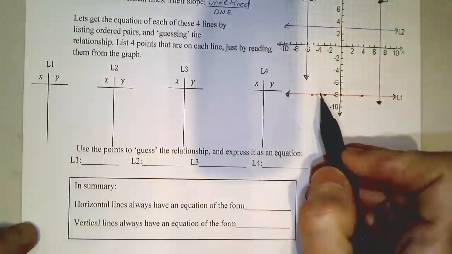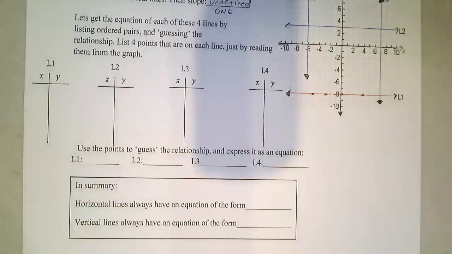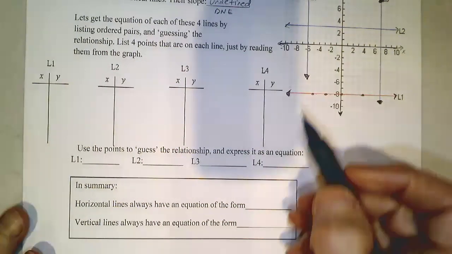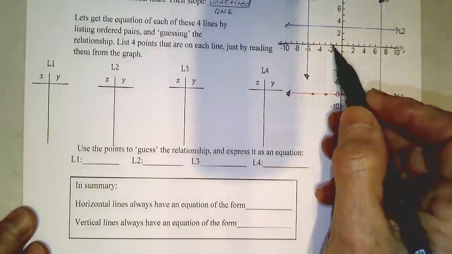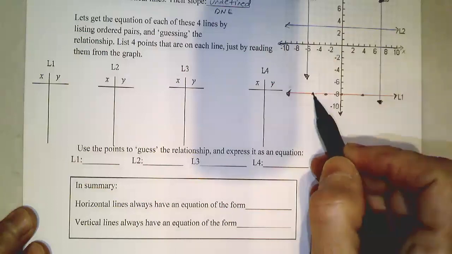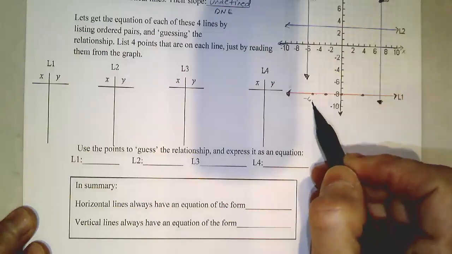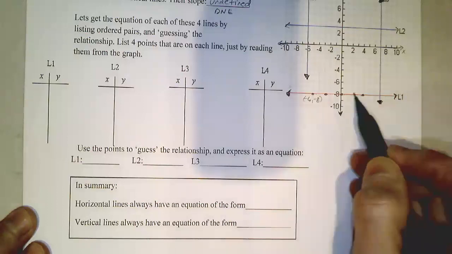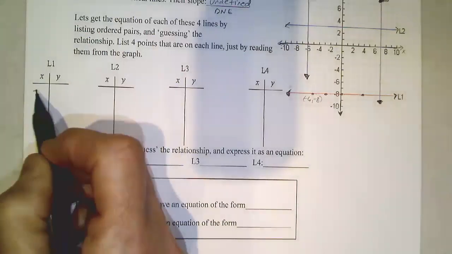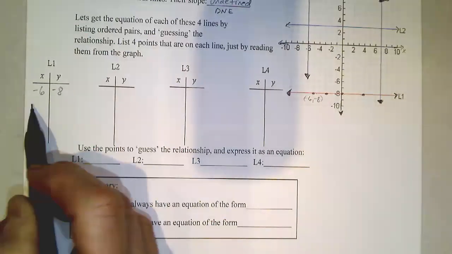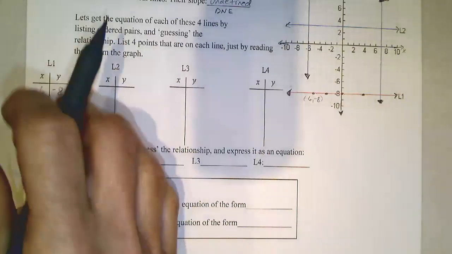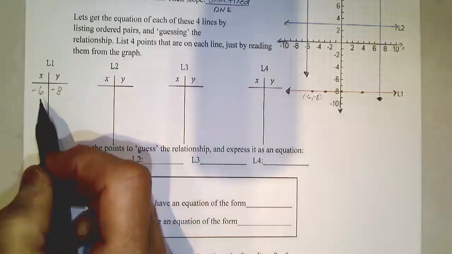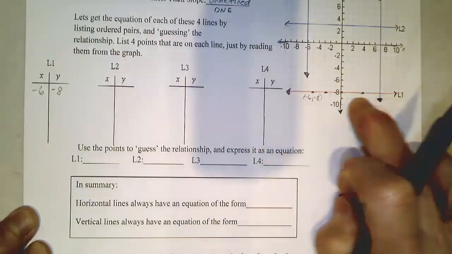And every point that's on a line can be named as an ordered pair. So this point would be the point -6, comma, -8. And I'm going to put that in this table. This is called a table of values, and it's a way of putting ordered pairs that belong to this line.